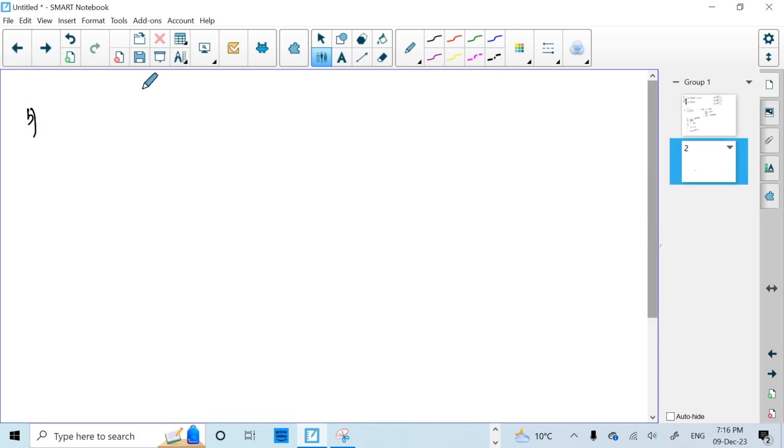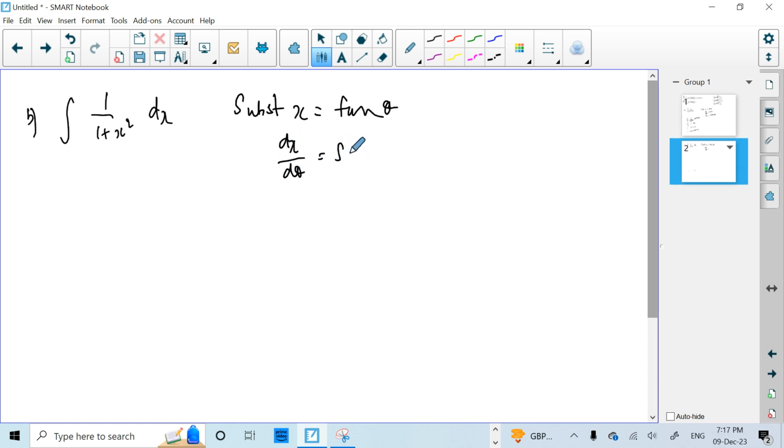Now B, we're going to deal with tan, so that will be the integral of 1 over 1 plus x squared, dx. And similarly we're going to substitute x equals tan theta. And dx d theta will be sec squared theta, and therefore dx will be equal to sec squared theta d theta.